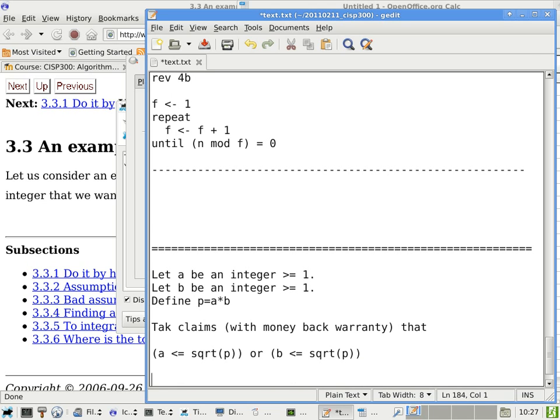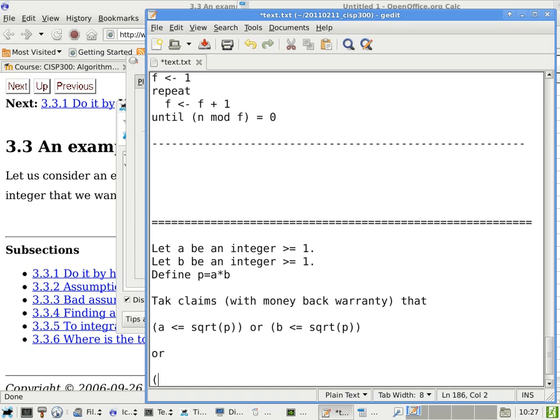The alternative way to look at this is a times a is less than or equal to p, or b times b is less than or equal to p. They're basically the same thing, because we know a and b are both positive, so that makes these two equivalent. If I did not tell you that they're positive, then it's a different kind of issue.